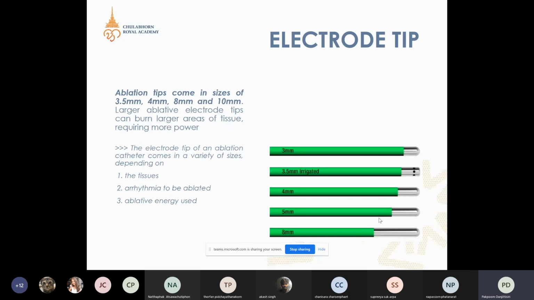So the size of the ablation tip should be bigger, because a bigger ablation tip will help provide more ablation energy.